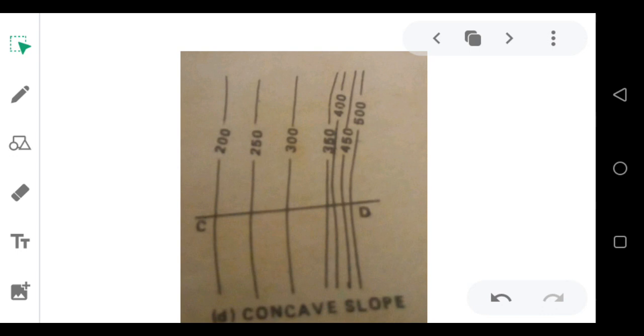So when you have something like this, where it is gentle at the beginning, then rises towards the end, it is known as a concave slope. This is a concave slope.